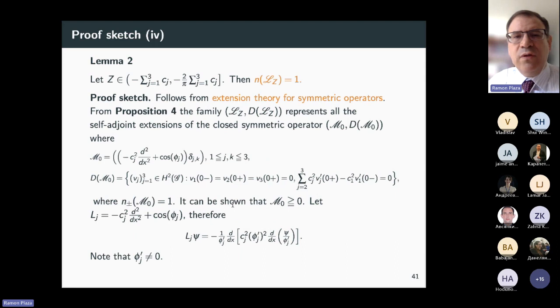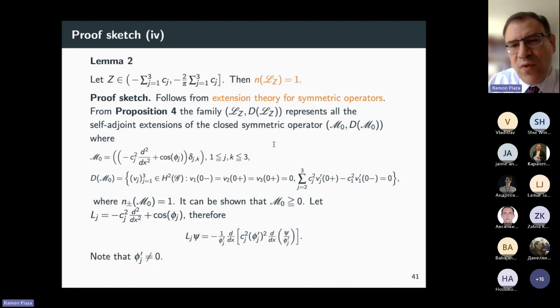The second result is actually the calculation of the index. So let's suppose that Z is in between minus the sum of the speed and the boundary value, which is minus 2 over pi, the sum of the speeds, inclusive, okay? Then the index has to be equal to 1.